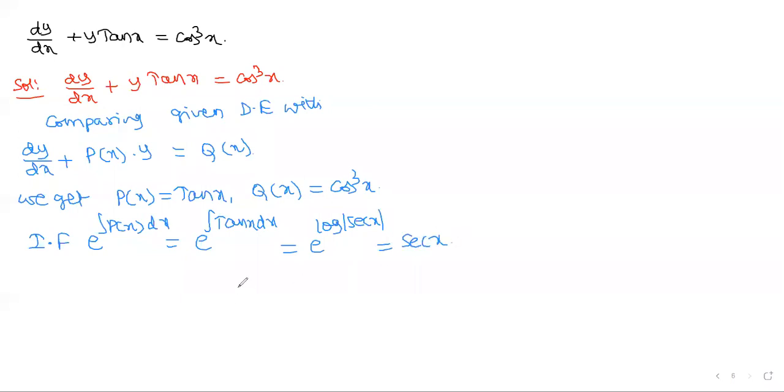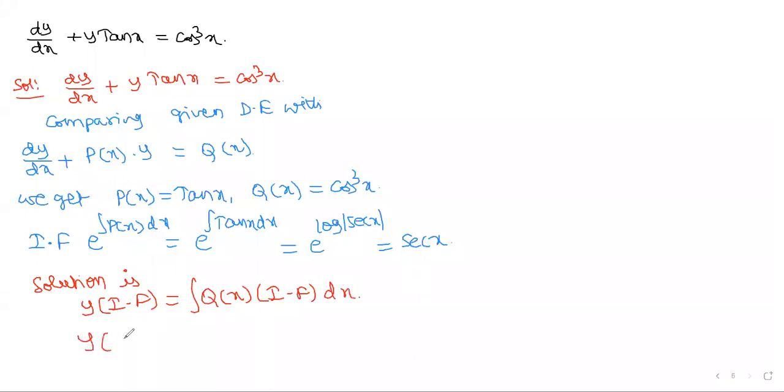Now the solution is y into IF is equal to integral q of x into IF dx. So y into secant x is equal to integral cos cube x into secant x dx.